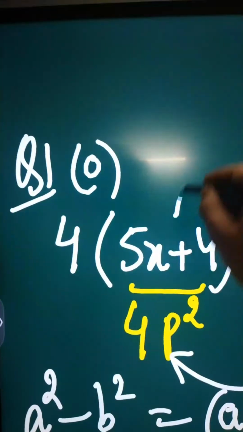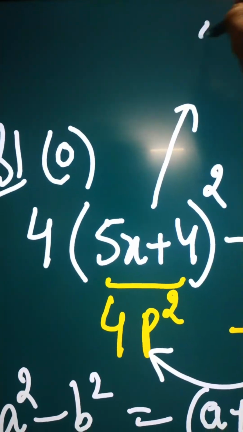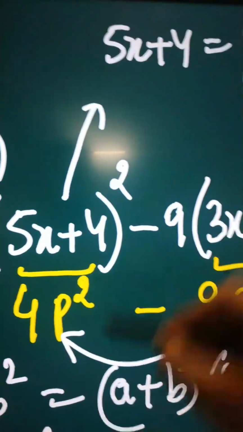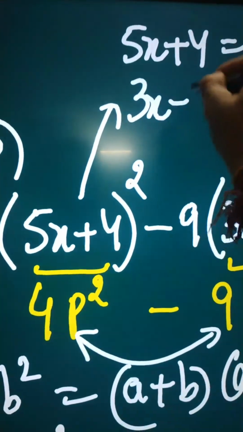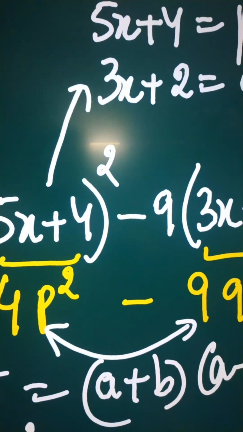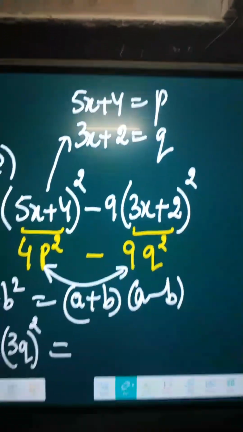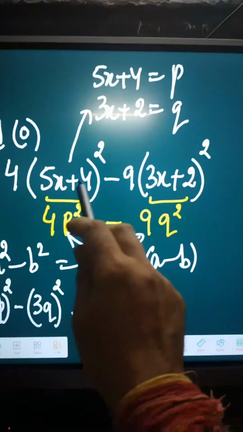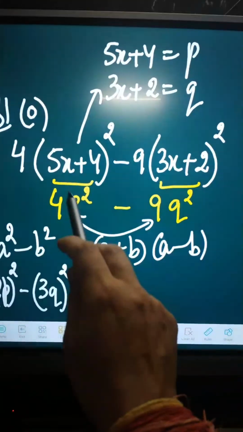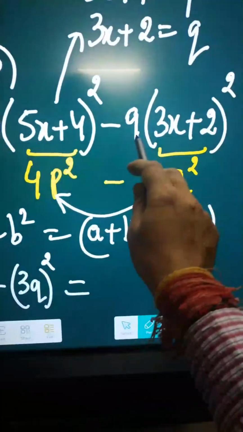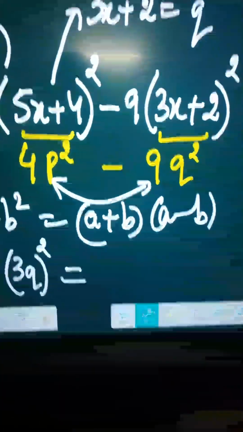I have taken 5x plus 4 as p and 3x plus 2 as q. To make my calculation simple, this number is 4p. So this 4 is here and this p is p square, 9 is 9 and this is q.